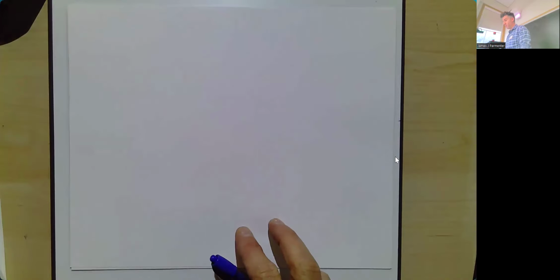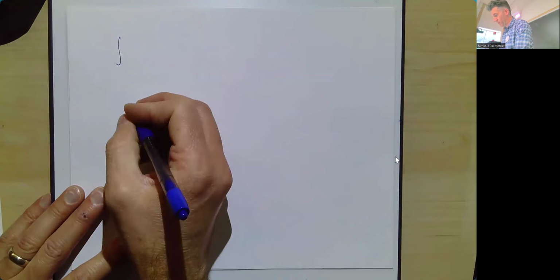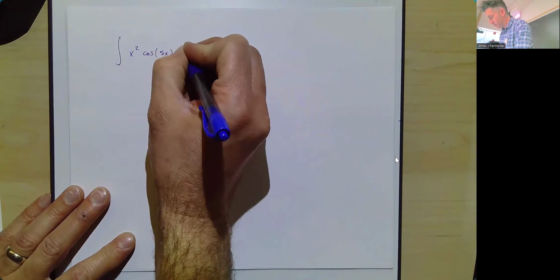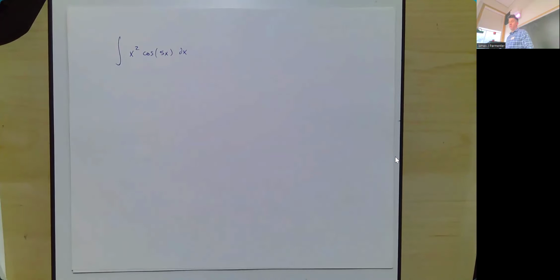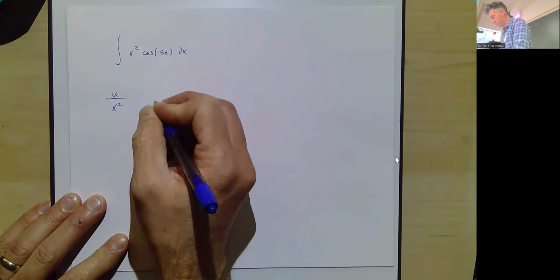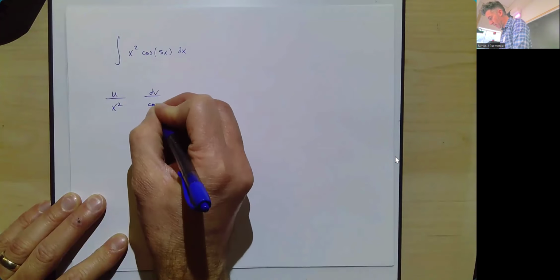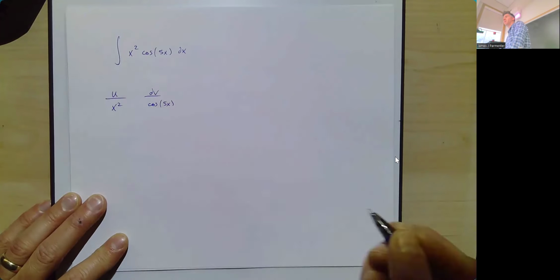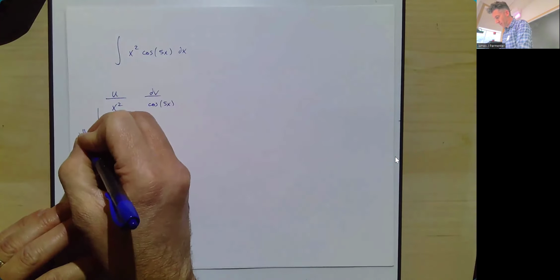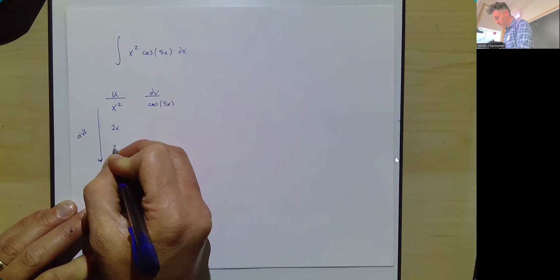For example, if I wanted to find the antiderivative of x squared cosine of 5x, sure, we could do integration by parts twice, like we did before with x squared times sine. Or we could say, I'm going to let u equal x squared and dv be cosine of 5x times dx. On the u side, we differentiate till we get to 0: 2x, 2, 0.